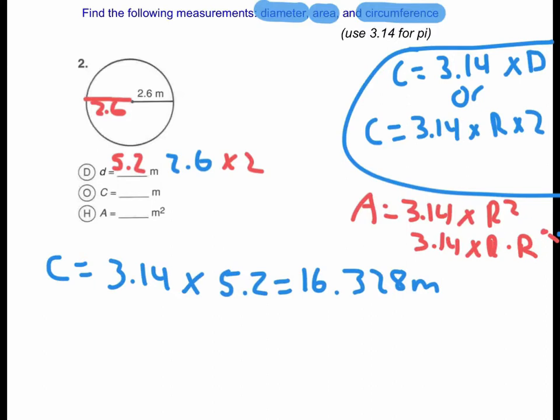Alright, so 3.14 for our area. 3.14. And then we want to do times radius, and our radius is 2.6. So times 2.6 times 2.6.